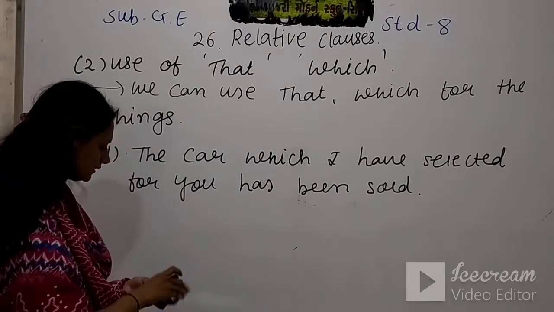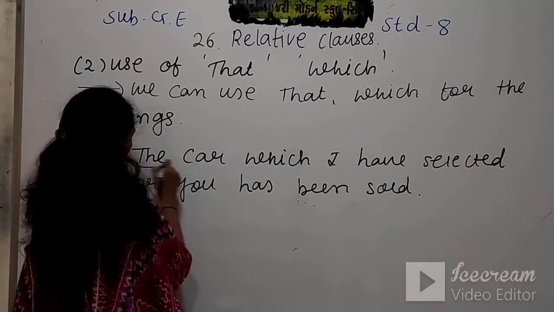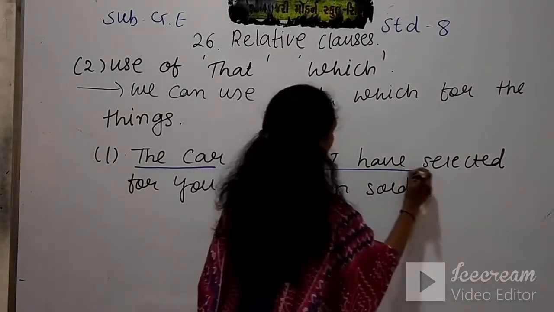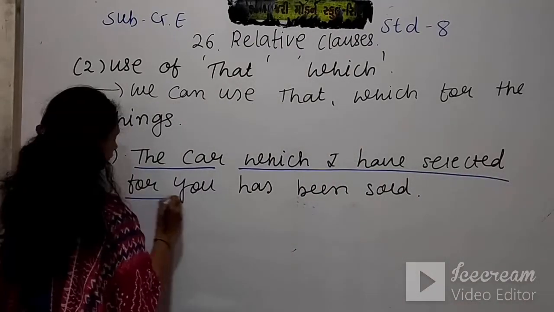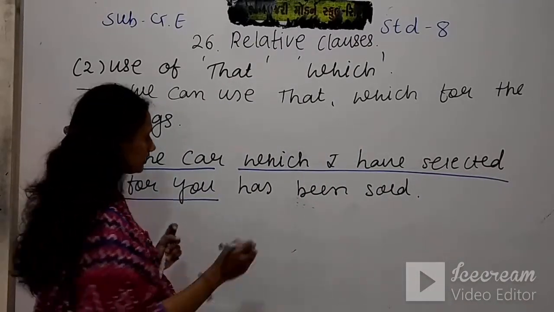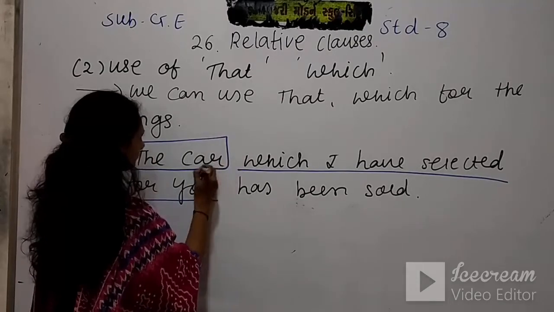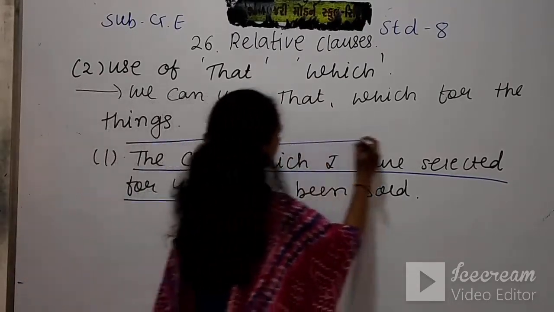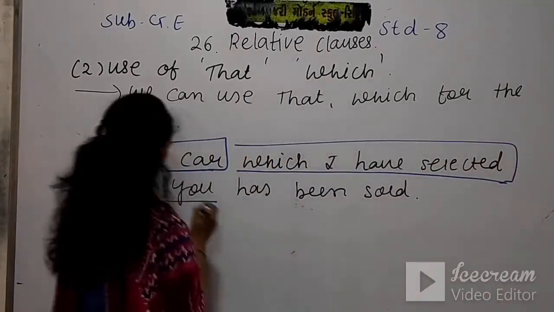Here our noun is the car, and which I have selected for you is our relative clause, because it is used for this car.